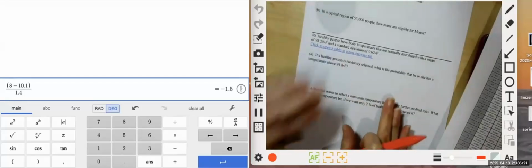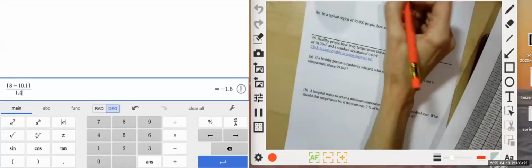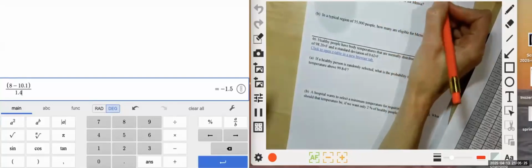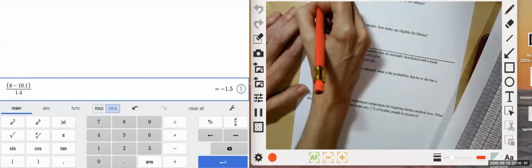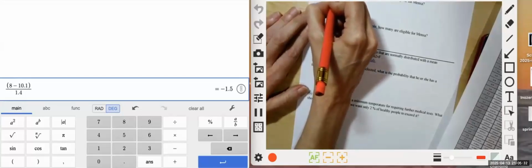So IQ scores are normally distributed with a mean of 100 and a standard deviation of 15.